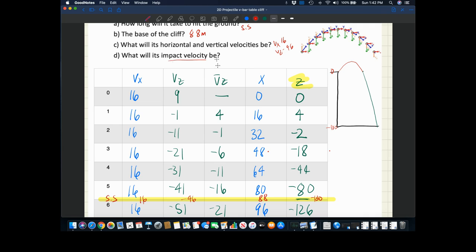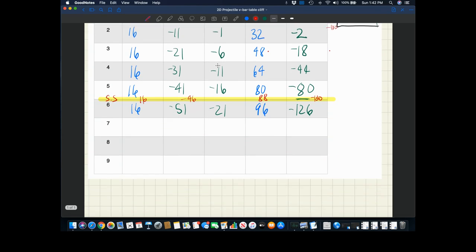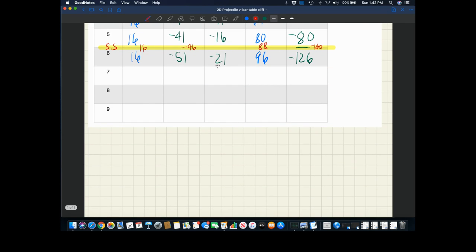And what will its impact velocity be? So we've got to draw this out this time to figure this out because we're not dealing with a purely symmetrical situation anymore. So in the beginning, we had our 16 meters per second, our plus 9 meters per second, for the 18 meters per second overall.